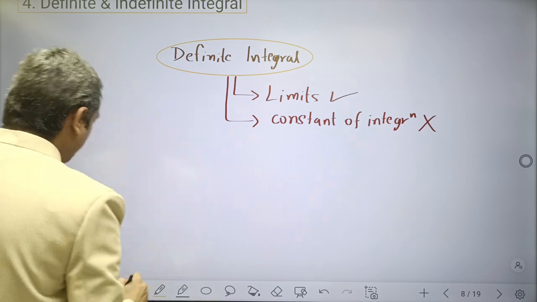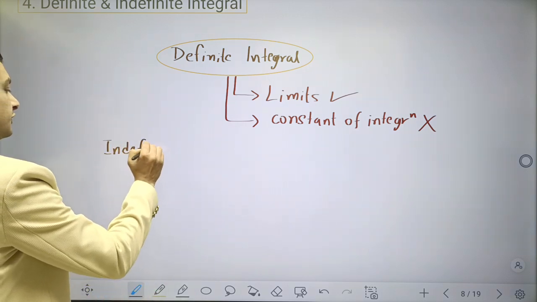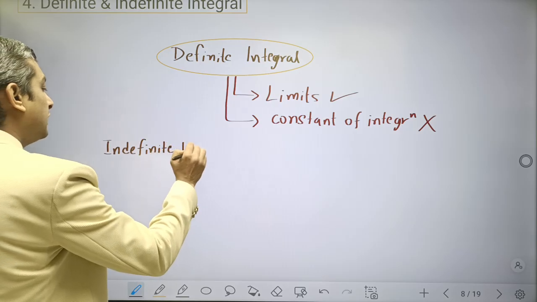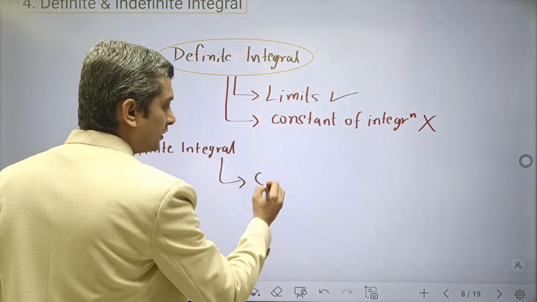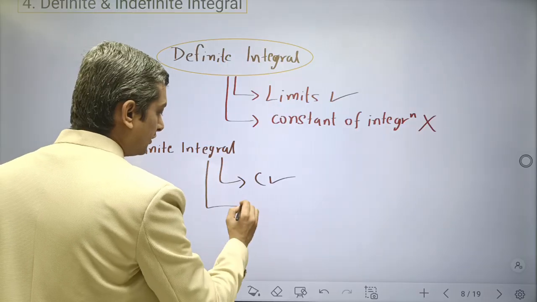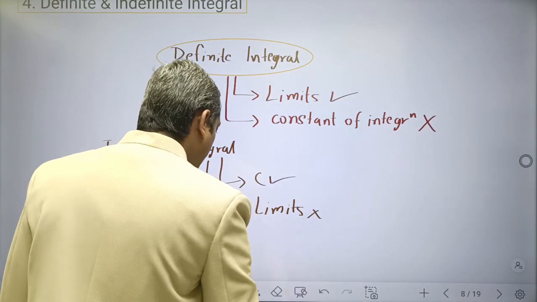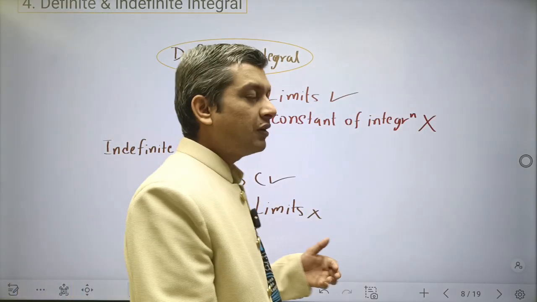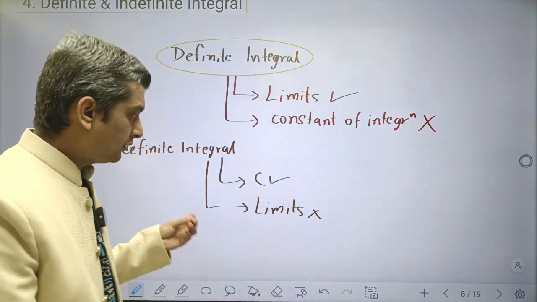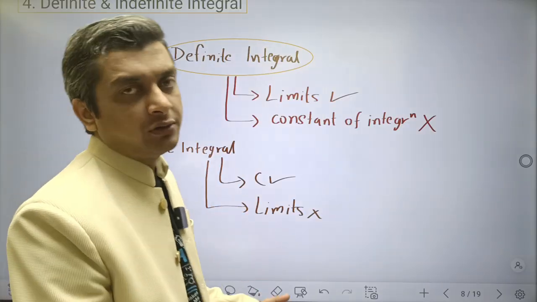Whereas if we talk about the indefinite integral, as its name suggests, indefinite, its value is not fixed. Here the constant of integration exists, but limits don't exist. Therefore this indefinite integral does not have a fixed value, because this c may have any value, and since it doesn't have limits, its value is not fixed.